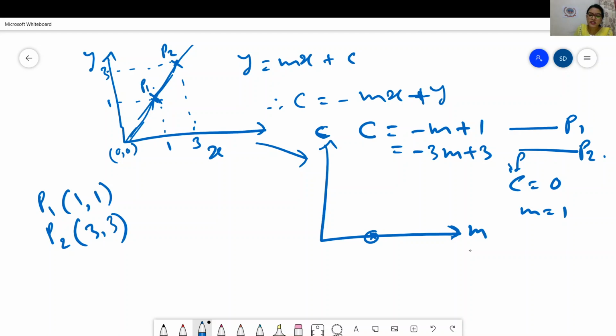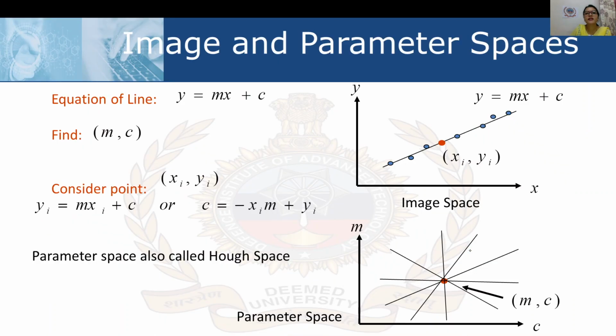This particular concept is utilized in the detection of a line. In a half space, infinite lines may pass through a point. Now how can we find that particular line?